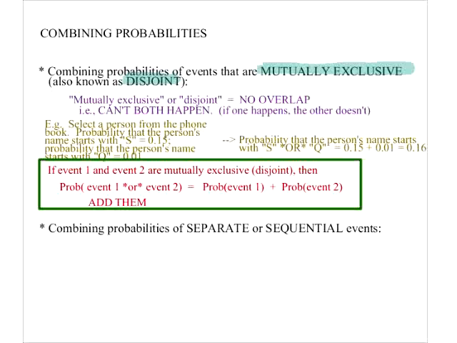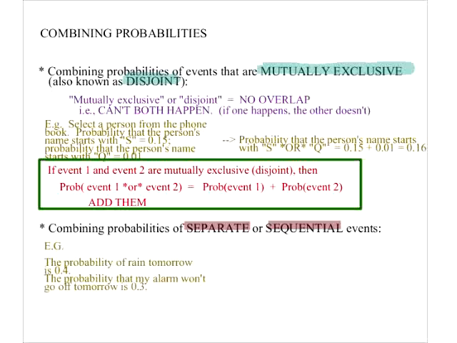Okay, separate or sequential events. Let's talk about these. Let me give you an example. Let's say the probability of rain tomorrow is 40%. The probability that my alarm won't go off tomorrow is, let's say it's a really bad alarm, 30%.